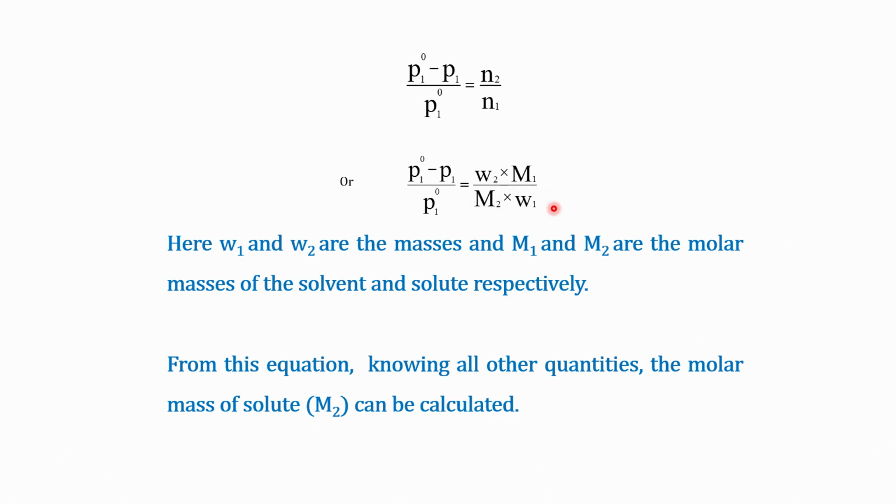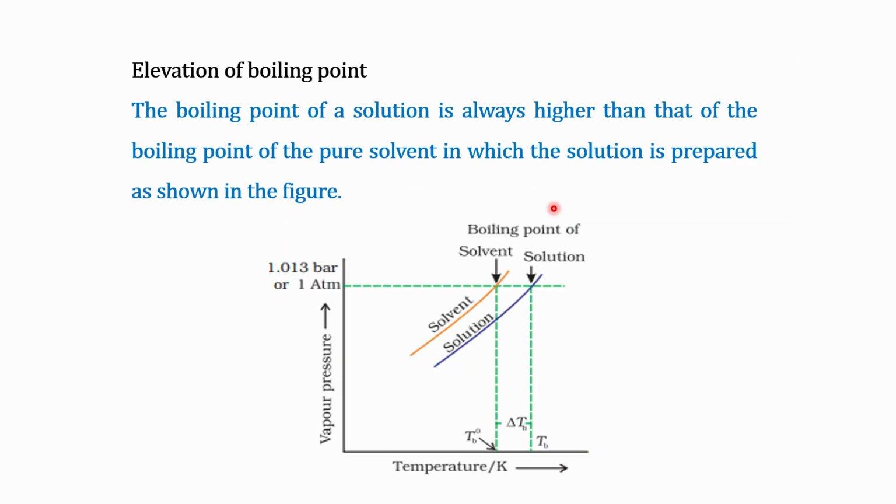That is, given any binary system, you can determine the molar mass of a given solute just by measuring the vapor pressure of the solvent.